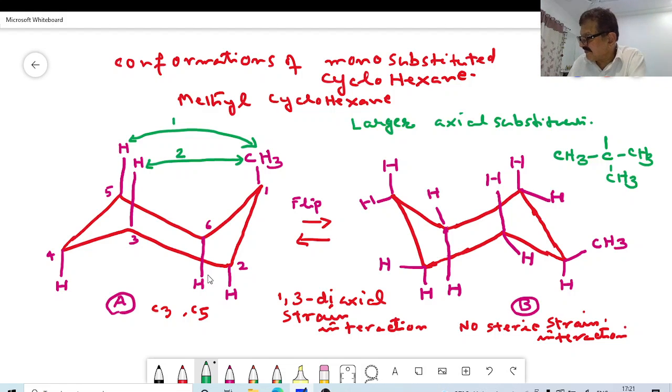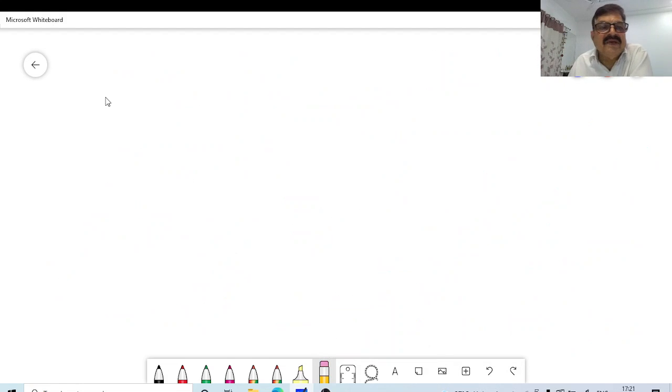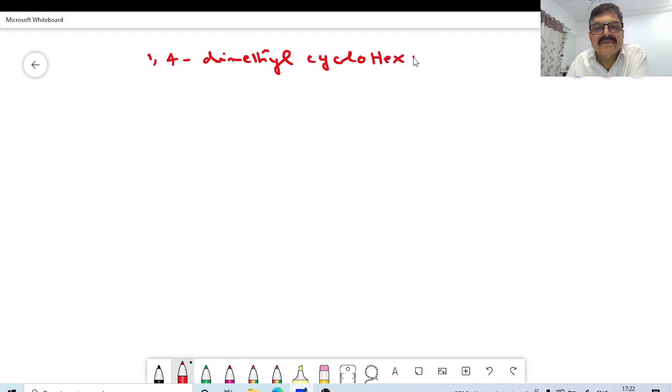Now in the case of disubstituted, how will it be? For the conformations of 1,4-dimethyl cyclohexane, we can draw four chair conformations.